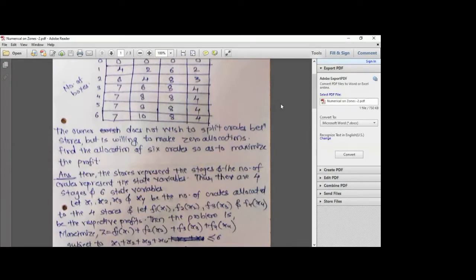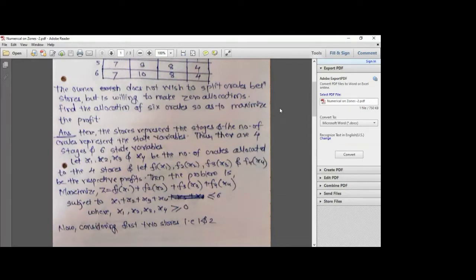numerical is there. I've tried to do it in the simplest manner, because the problem that I've taken from the reference book has been solved in a very complex manner. I've tried to solve it in the same manner as our previous numerical.